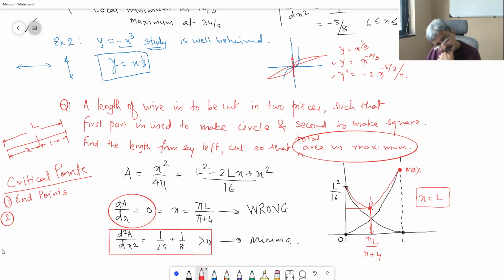Second, where the tangent has slope 0, so take the first derivative and equate it to 0. Find those points. They are the important points for you. Maybe third, where the value of the function is equal to 0.